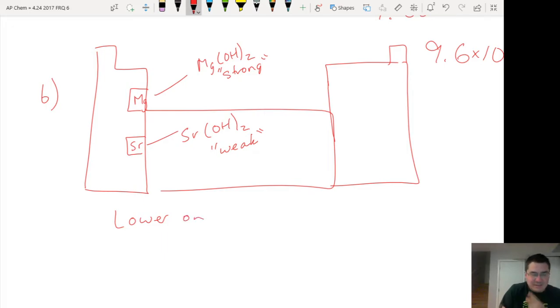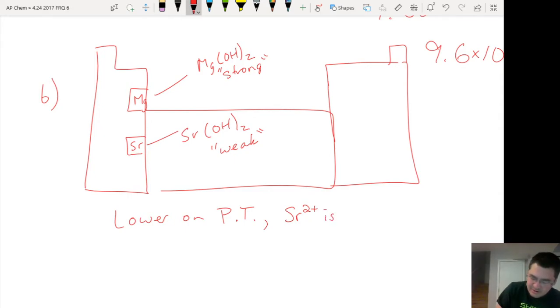If you had to jump, why does being lower on the periodic table matter? What does that do to the ions? Is it because there are more electron shells? Yep. What physical property does having more electron shells change about that ion?